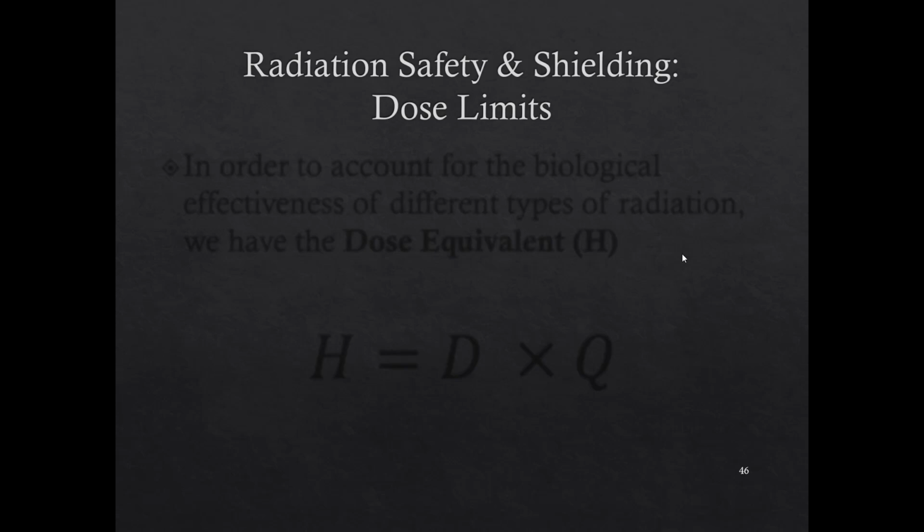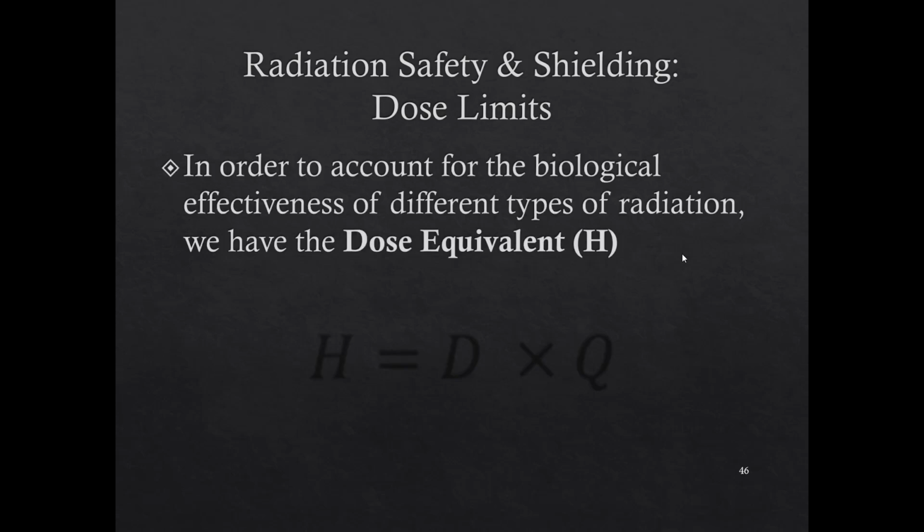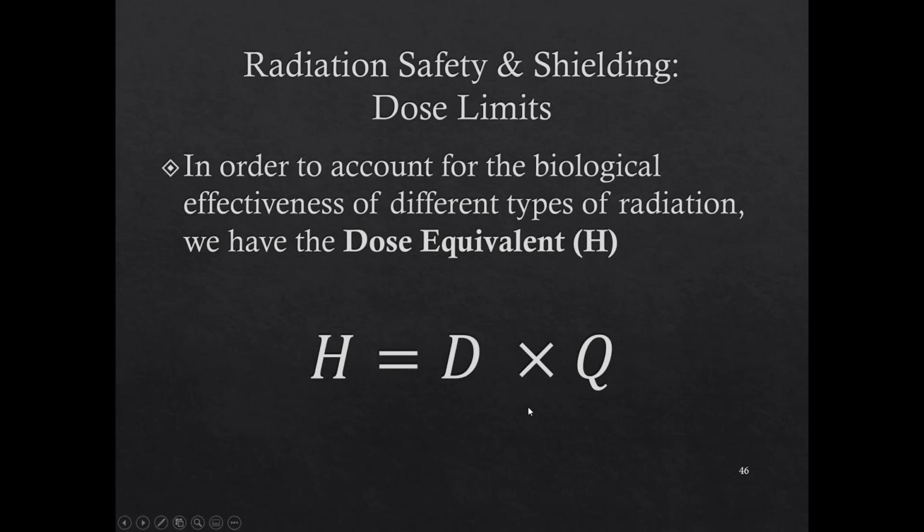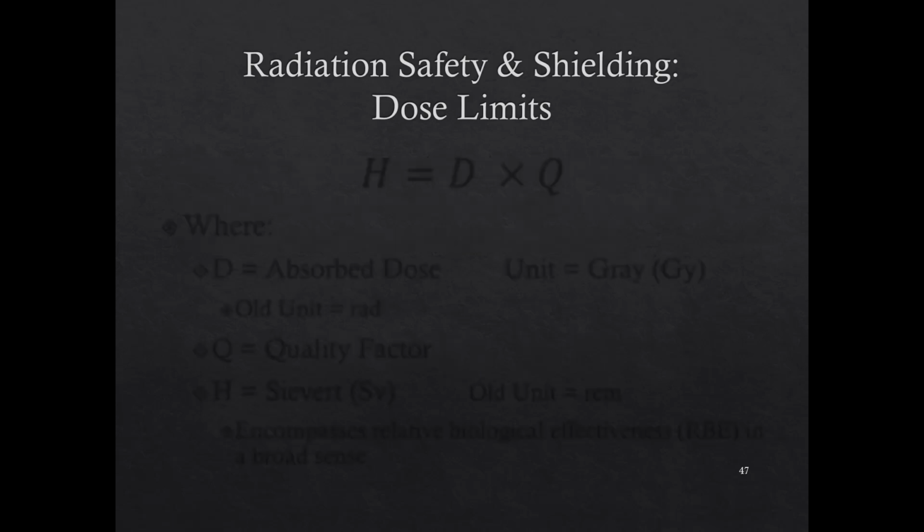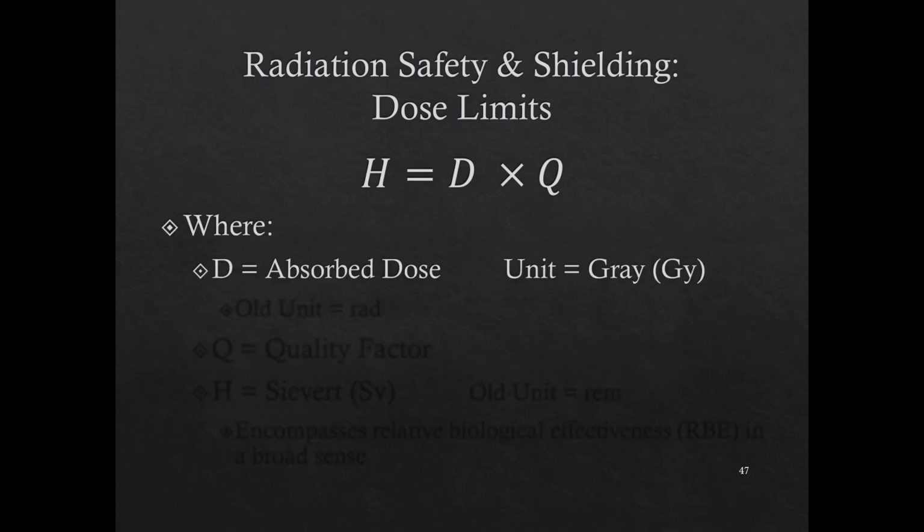Now we can move on to dose limits. In order to account for the biological effectiveness of different types of radiation, we have what's called the dose equivalent, represented by H, which is the absorbed dose, D, times the quality factor. The dose equivalent is given by H equals D times Q, where D is the absorbed dose with a special unit of gray, where 1 gray is equal to 100 rad, rad being the old unit.